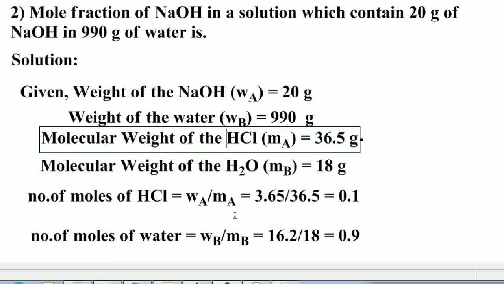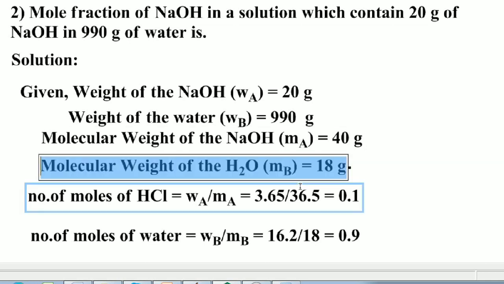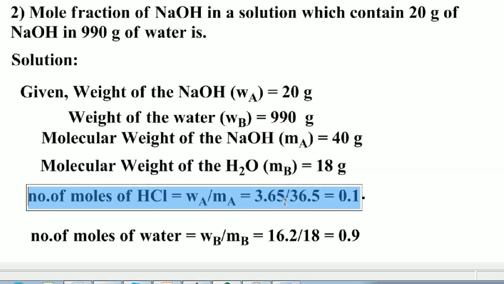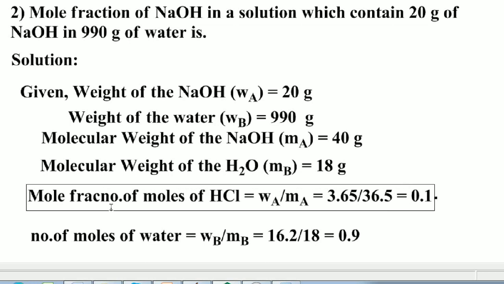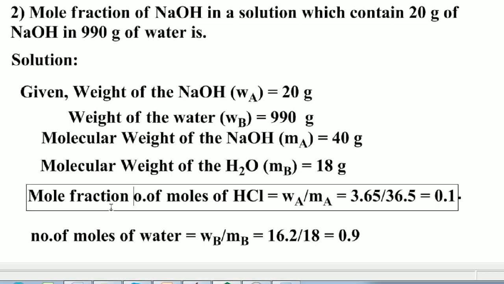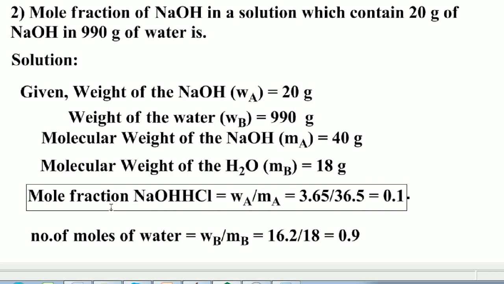Students, we know the molecular weight of NaOH is 23 plus 17, that equals 40 grams per mole. Similarly, molecular weight of water we know is 18 grams. Now the question is that mole fraction of NaOH should be found.